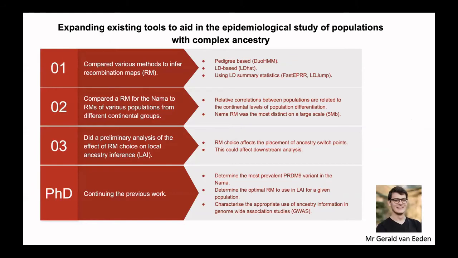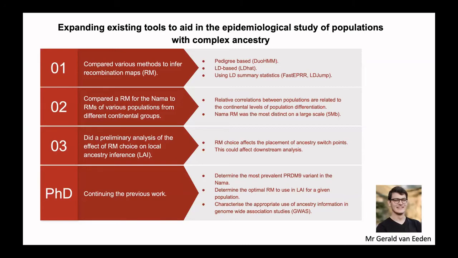So another one of my PhD students, Mr. Gerald van Eerden, is particularly interested in pedigree-based, LD-based, and LD summary statistic-based methods to generate recombination maps.